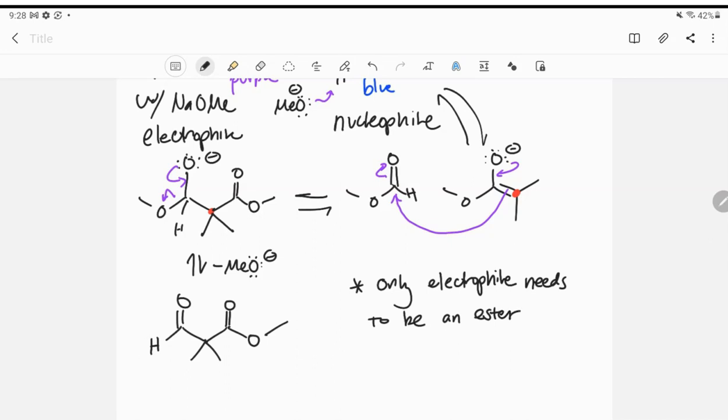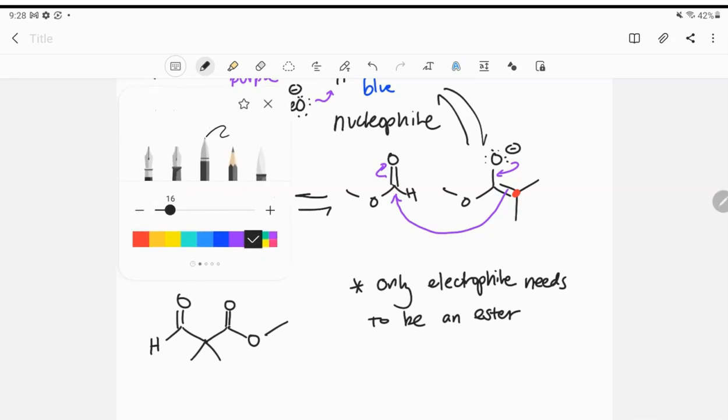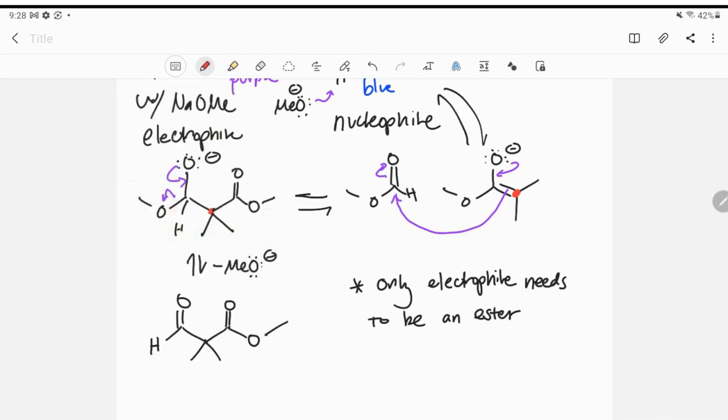Because our nucleophile, that methoxy group doesn't do anything. So we could use just a ketone if we wanted. It would just change what's on the other half of the molecule. The new bond that's being formed in this reaction is right here. That's the new bond.